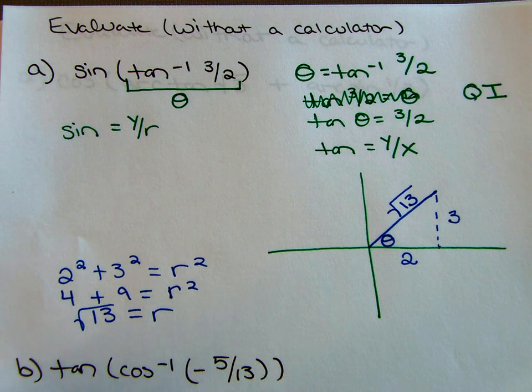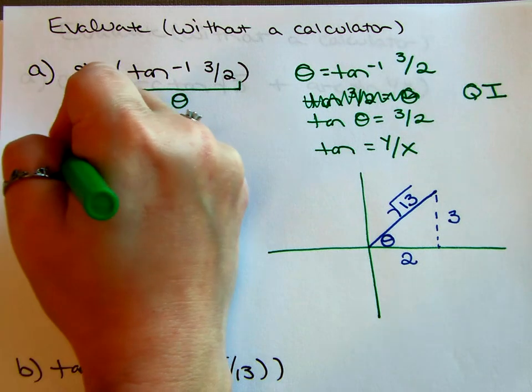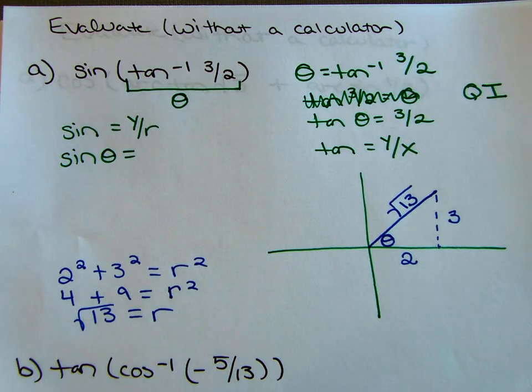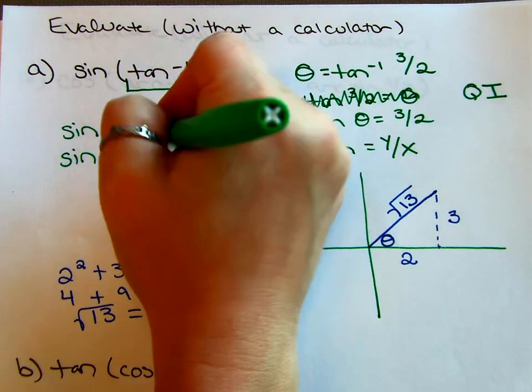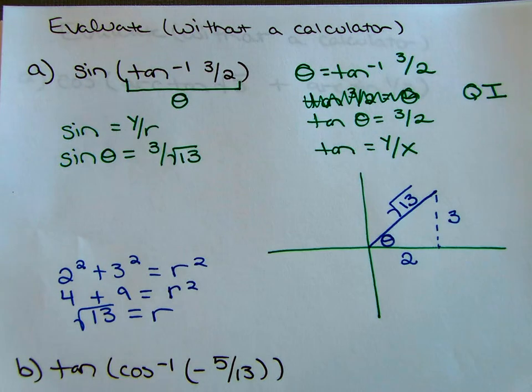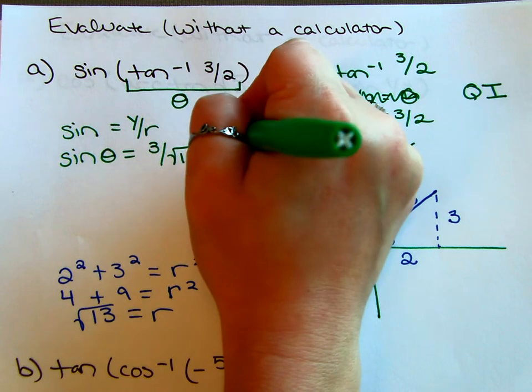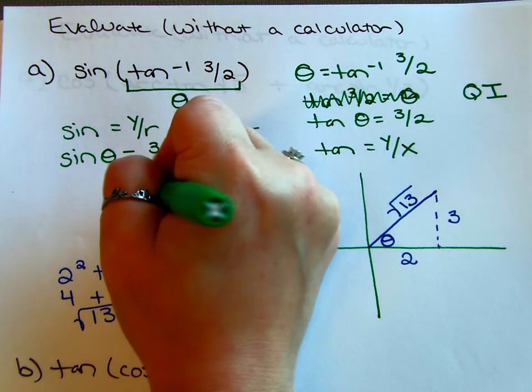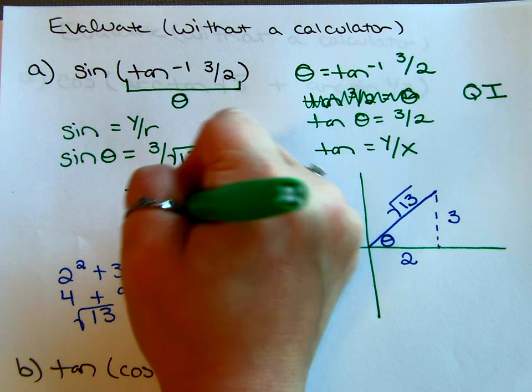So now, over here, I have sine theta equals y over r. Y is 3 over r, which is the square root of 13. We need to rationalize our denominator. 3 square roots of 13 all over 13.